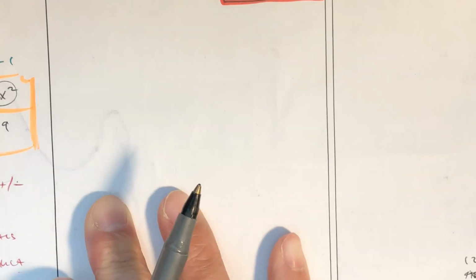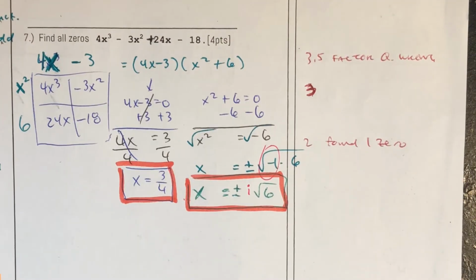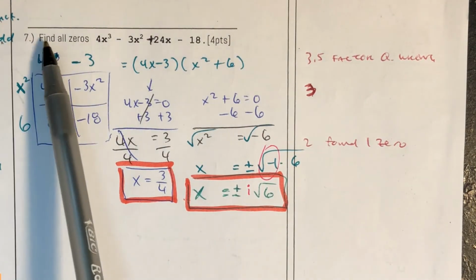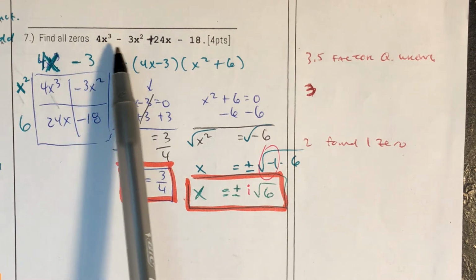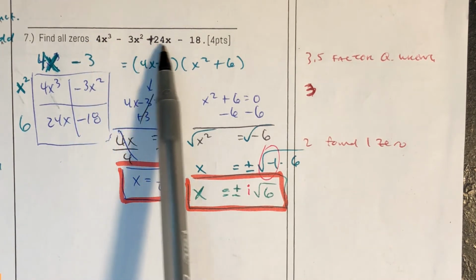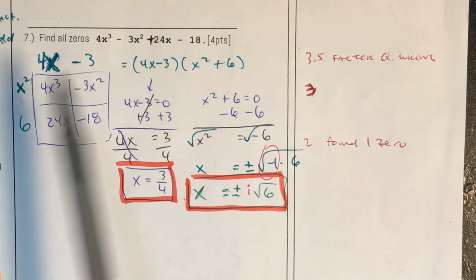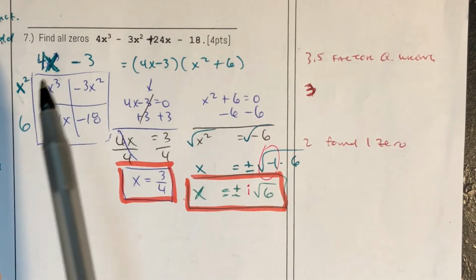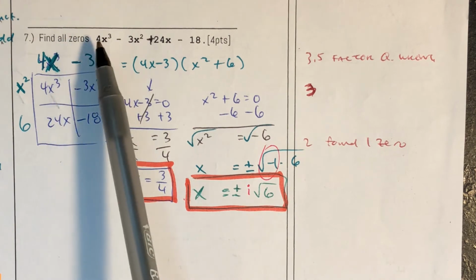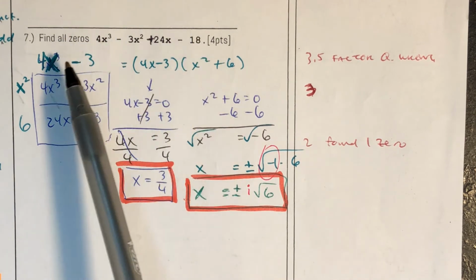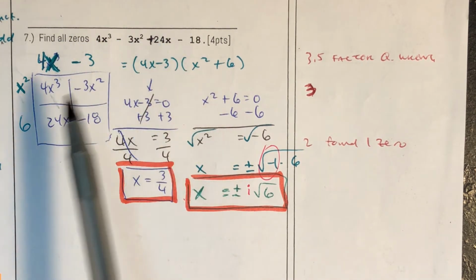Last question, number 7. Find all the zeros given 4x cubed minus 3x squared plus 24x minus 18. I think I made a wrong sign there, and then I give you guys some more time to fix that. So again, 4 terms, you can factor by grouping, or you could have used rational roots theorem.